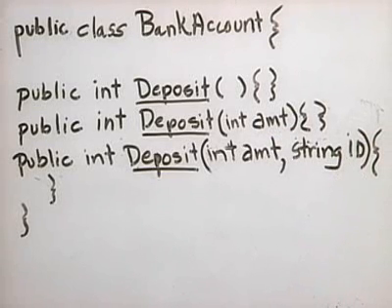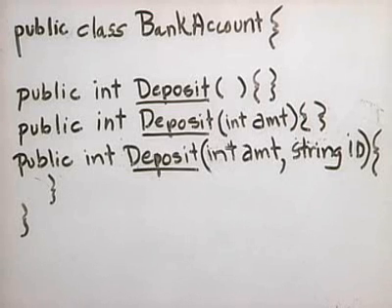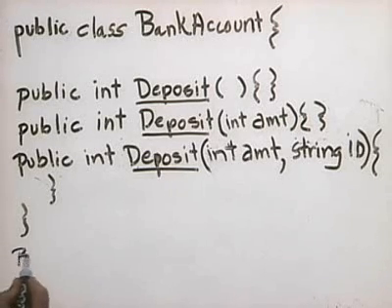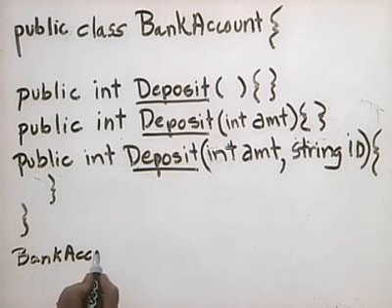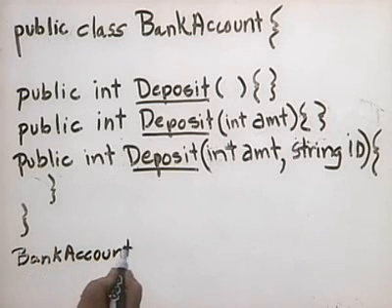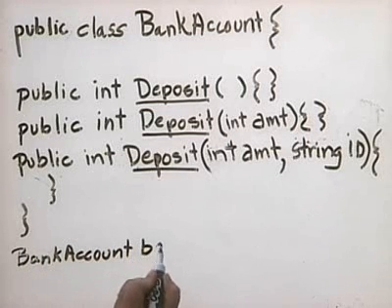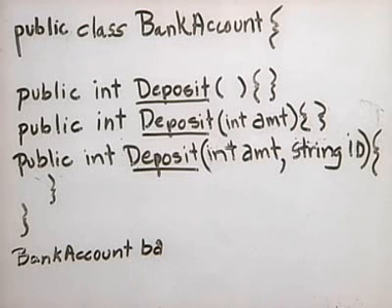Which one of the methods that actually gets called really depends on the signature of the calling method. If I were to use this class, meaning if I were to create an instance of this class or consume this class, my code might look something like this. BA is the reference type variable, and it's of type BankAccount.